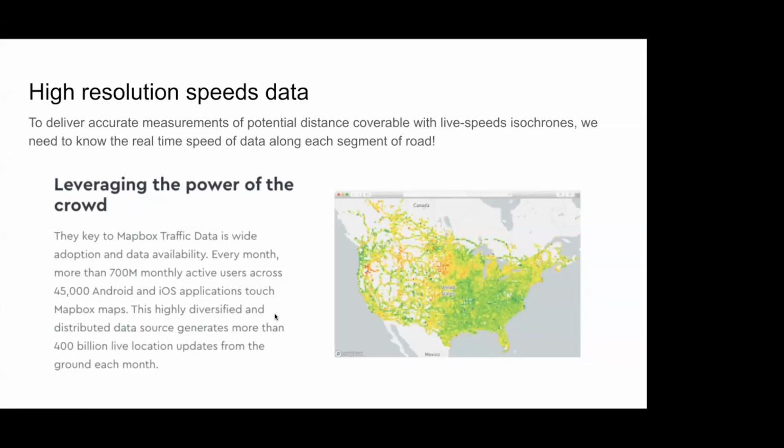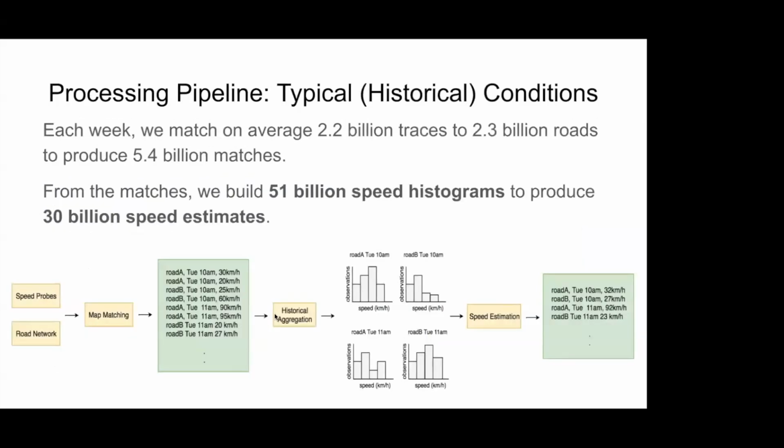If you go to the next slide, there was a question about time of day as well. So our processing pipeline processes a huge volume of data. We'll link later on to a blog post that will give you the specific details about this. But not only are we processing historical data, we are processing a large volume of live speeds throughout the day.